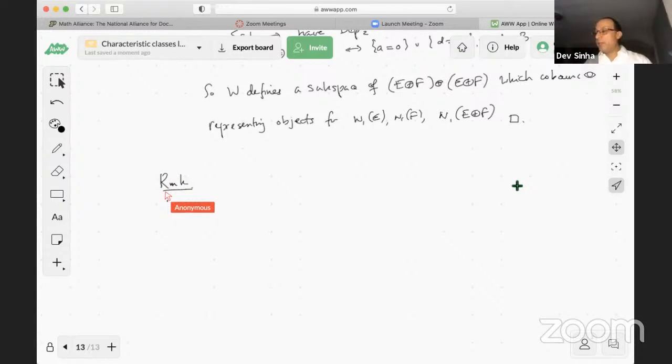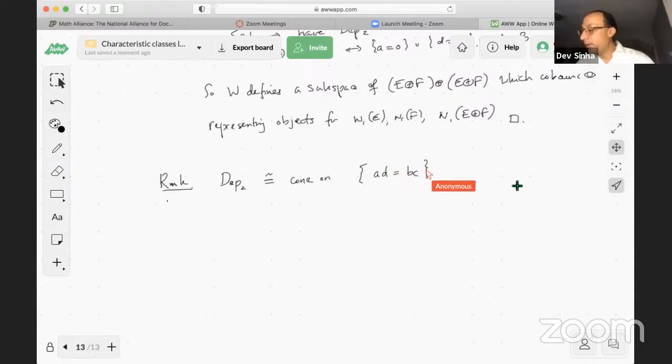That we can more clearly see the singularity of dep2. It's sort of the cone on the following smooth object. If we take, again, AD equals BC and intersect it with S3, right? So if AD equals BC, then I've also got some other number I can associate.